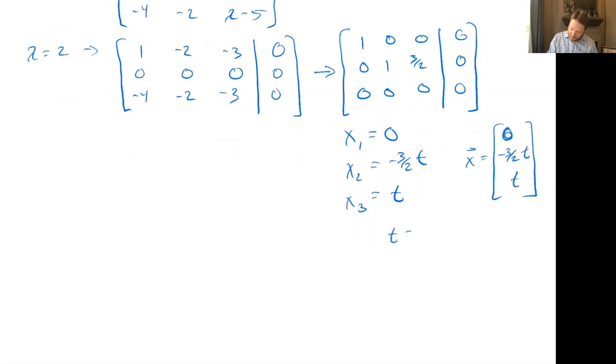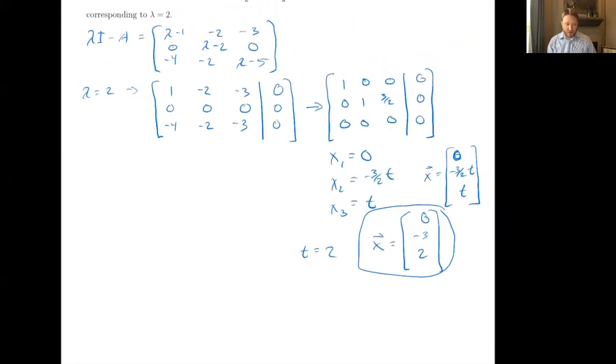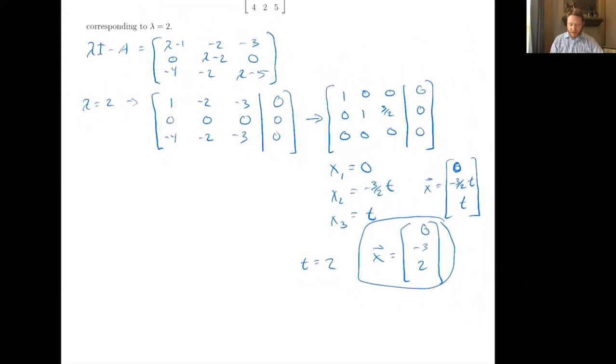Pick your favorite t. I like 2. If t is 2, then x equals 0, -3, and 2. And so I just found the corresponding eigenvector to the eigenvalue 2. In the 3 by 3 case, I would just do that over again for the other two, and you can see how these start to mount up.